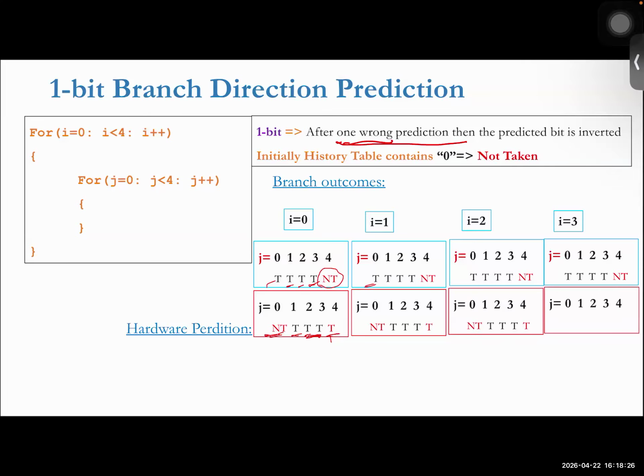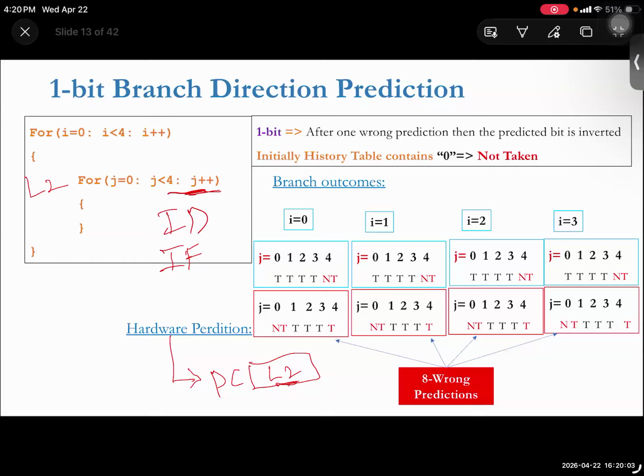So now tell me, in this hardware prediction, how many right predictions are there and how many wrong predictions are there? Because of this hardware prediction, it won't wait until it enters the execution stage, because the outcome is known only at the end of the execution stage.